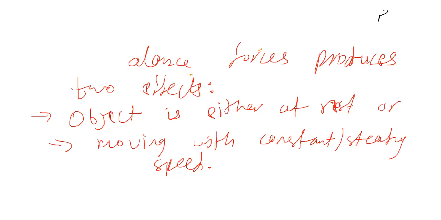Constant speed means that it is not accelerating. It's moving with the same speed. Just remember, balanced forces have two effects. If the object is at rest, it will remain at rest, or if it is moving at constant speed, it will remain moving at constant speed. It will not accelerate.